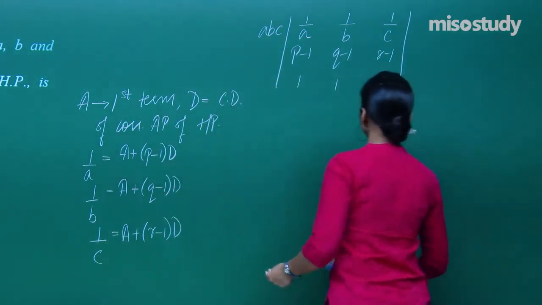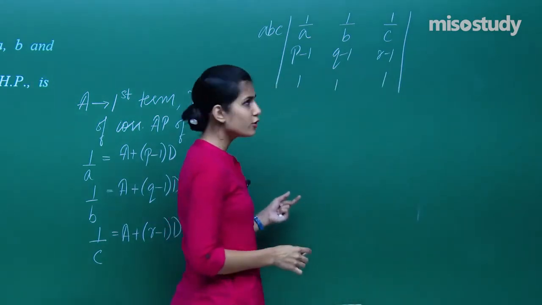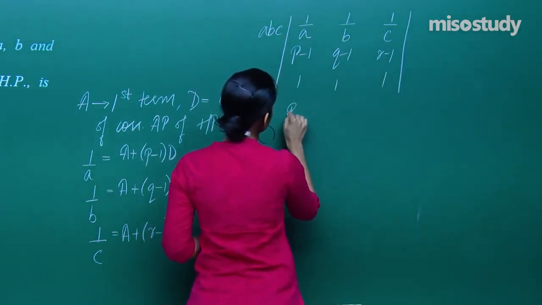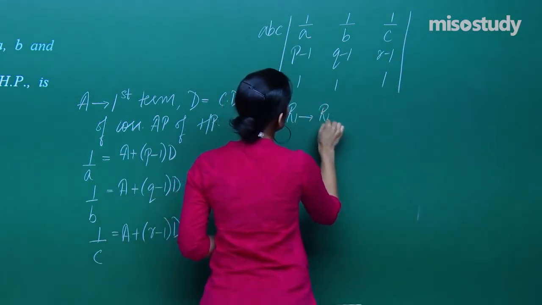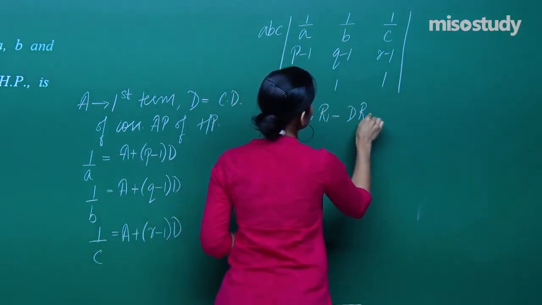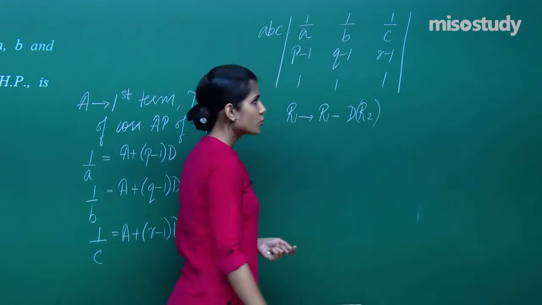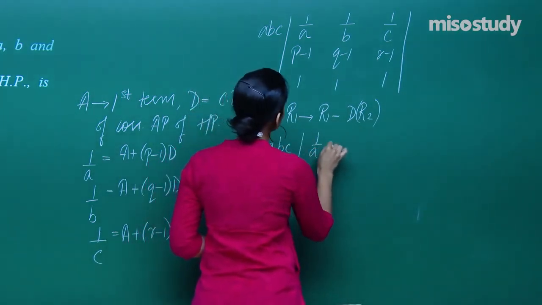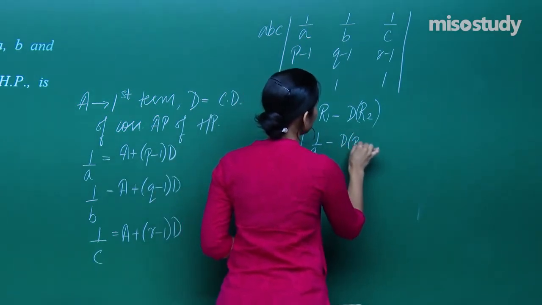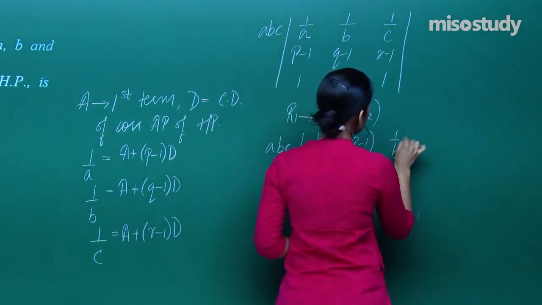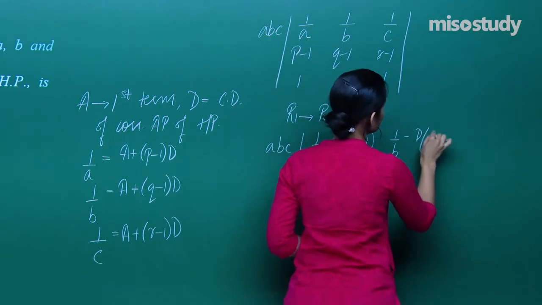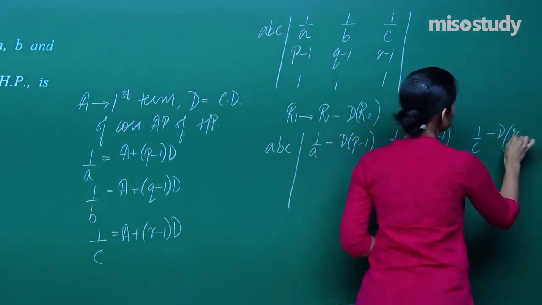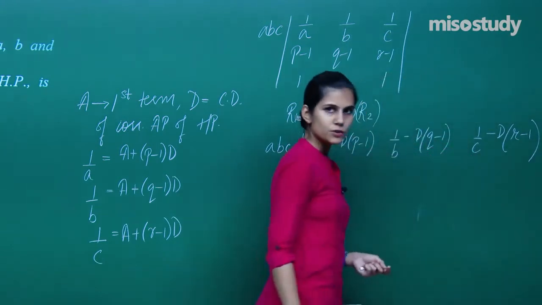After this, what I am going to do is row 1 goes to row 1 minus d times row 2. So when you do that, you get 1 by A minus d times p minus 1, 1 by B minus d times q minus 1, 1 by C minus d times r minus 1.